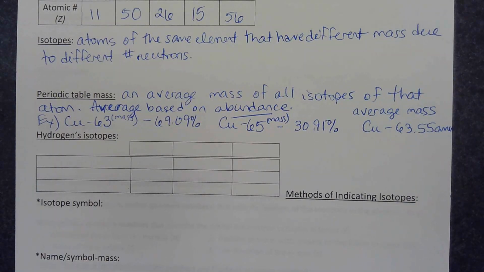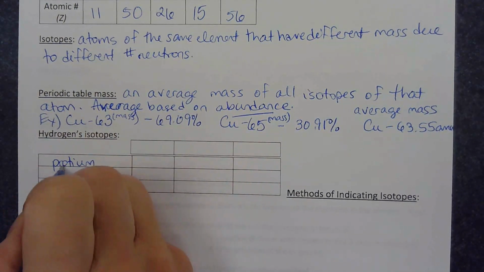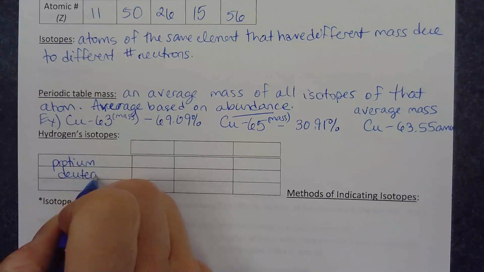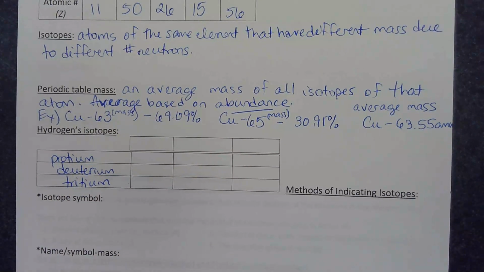But most of the time, we don't have isotopes that are named like that, but hydrogen does. Hydrogen has 3 isotopes, and they are special in that they have names. And their names are protium, deuterium, and tritium. Have any of you ever heard of any of these before?